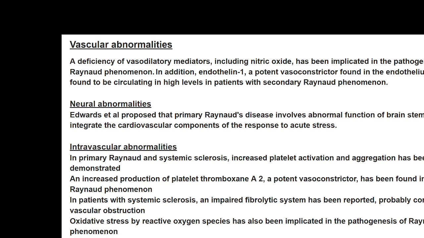Now, in normal physiology, the blood vessels are allowed to get dilated or contracted depending upon the need of the tissue.